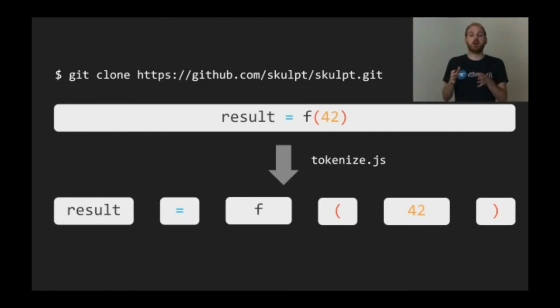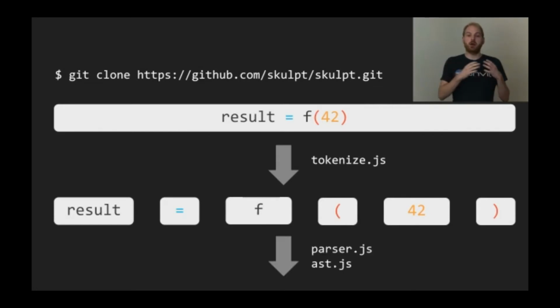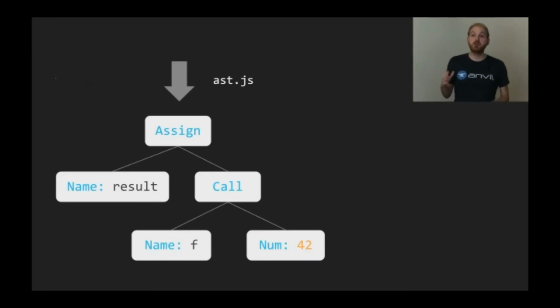Tokenizing splits it up into substrings that are sensible chunks for a language to work with, the opening and closing brackets, the identifiers, and so on. And then we will parse those tokens to produce an abstract syntax tree. This is a tree of operations that represents that same program, but at a higher level.